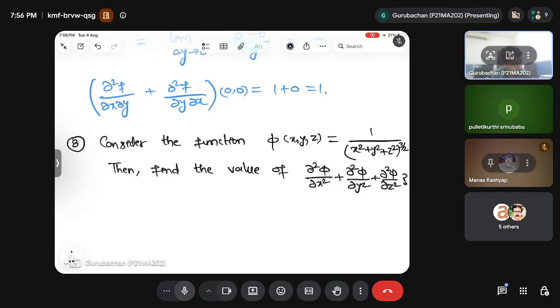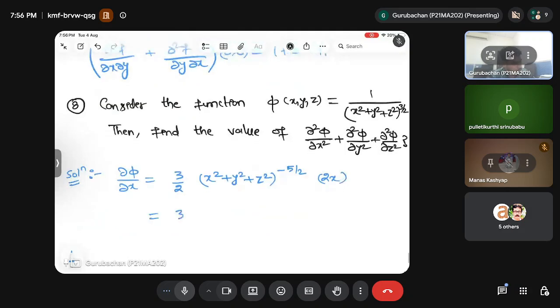Let me also do it. This will be 3 by 2 (x square plus y square plus z square) to the power minus 5 by 2 into 2x. This will give you 3x (x square plus y square plus z square) to the power minus 5 by 2.